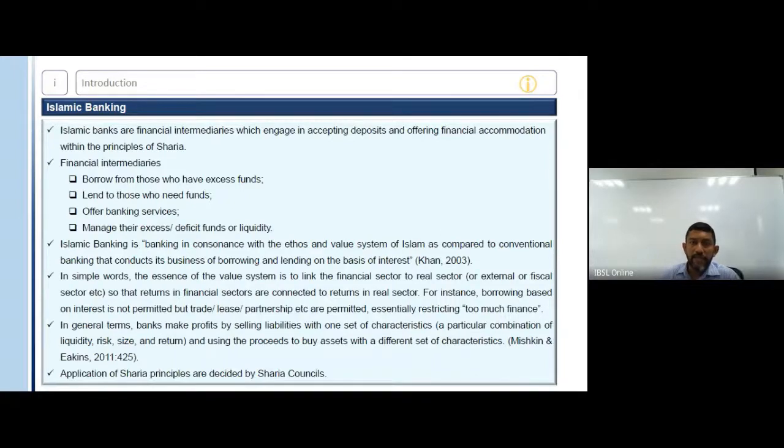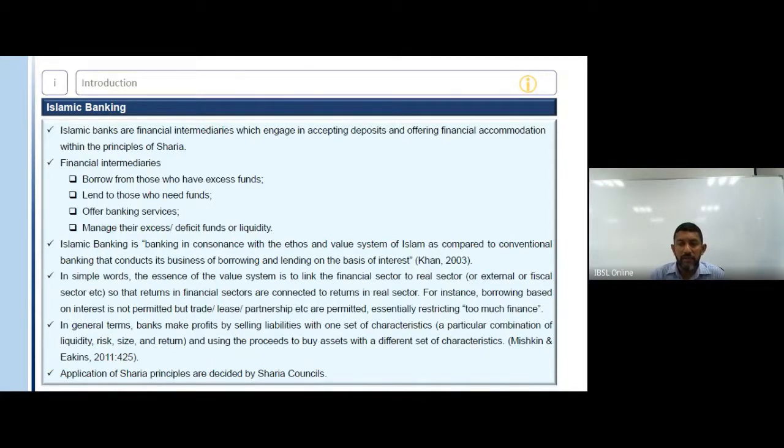When we say Islamic banks are financial intermediaries that operate within the principles of Sharia, what we mean by operation is accepting deposits, giving facilities or advances, providing banking services, and then managing the bank's own asset and liability situation. That's the general role of any financial intermediary.